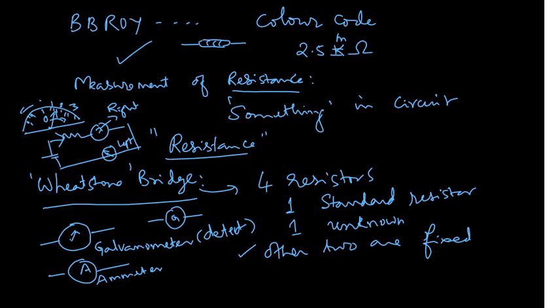Okay. So along with these 4 resistors, a cell and a galvanometer, these are the things that are used in the Wheatstone bridge.